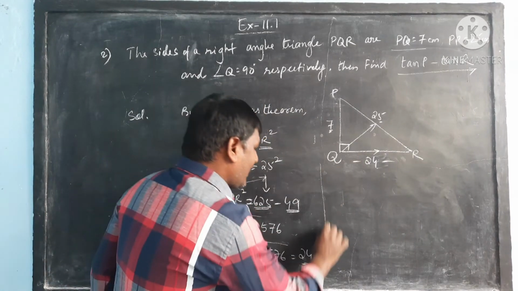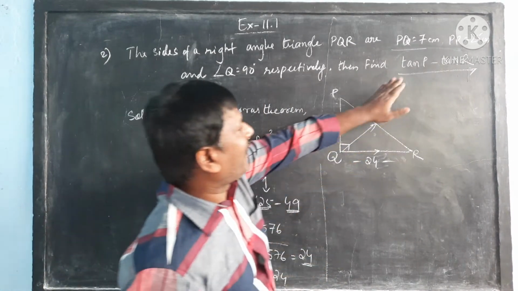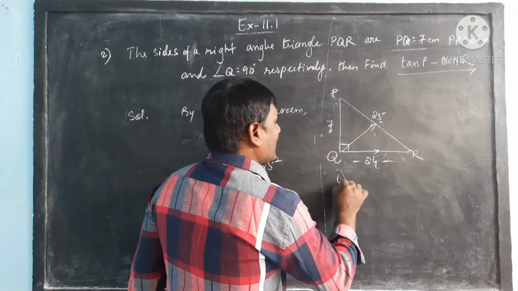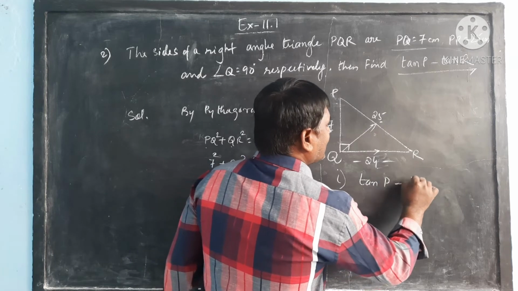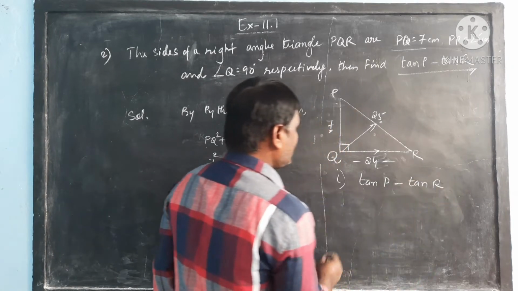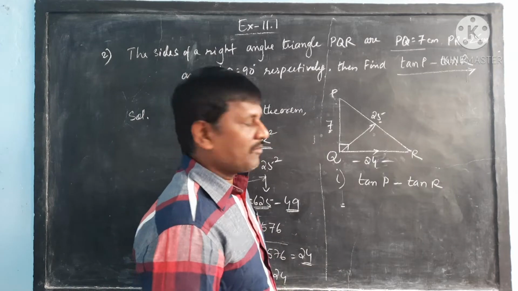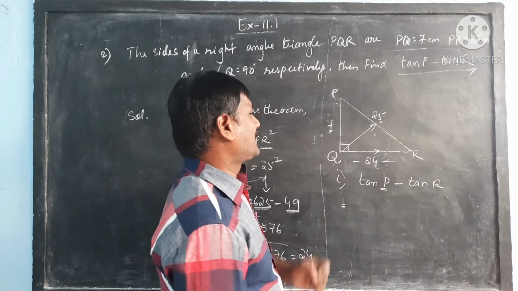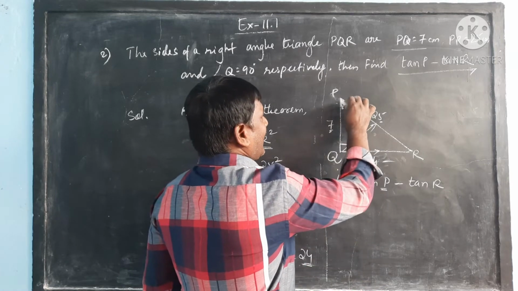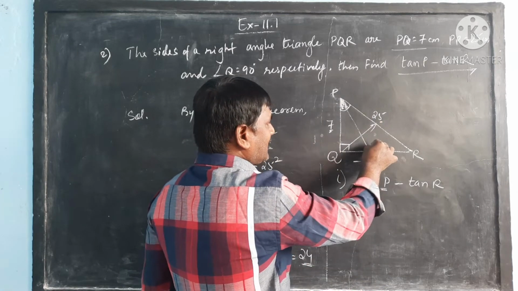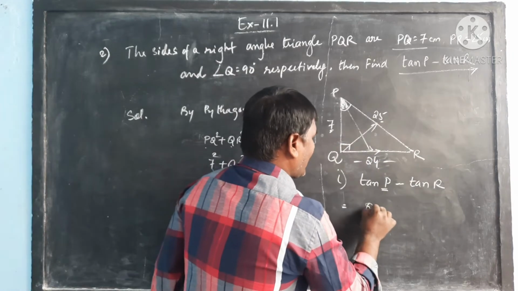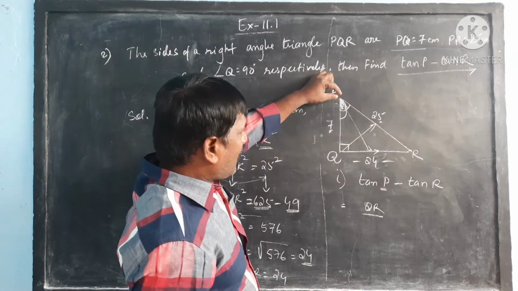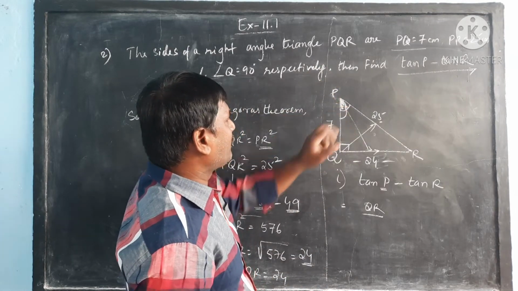Now we can find the value of tan P minus tan R. Tan P means the opposite side to angle P by the adjacent side. Our reference angle is P, the opposite side is QR and the side adjacent to angle P is PQ.